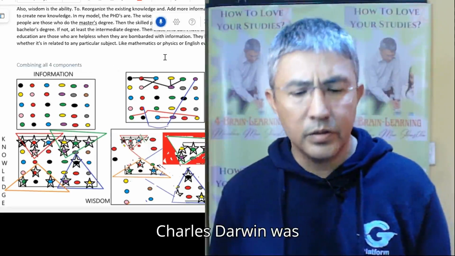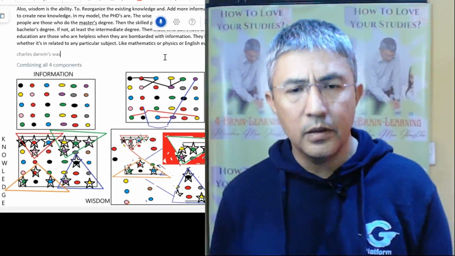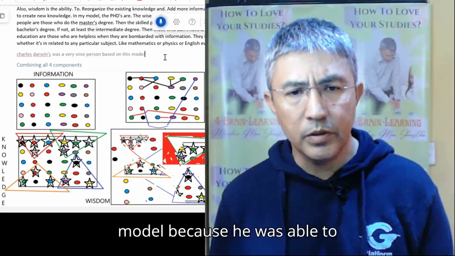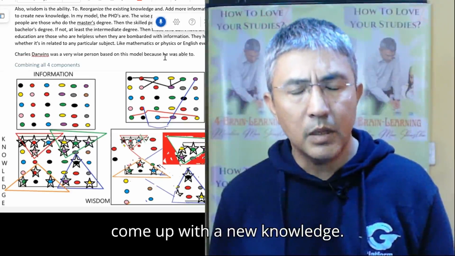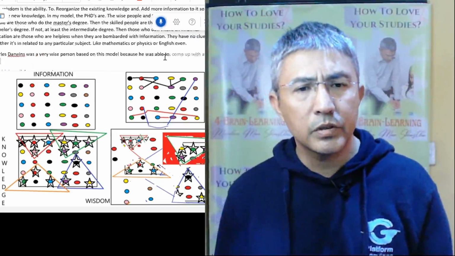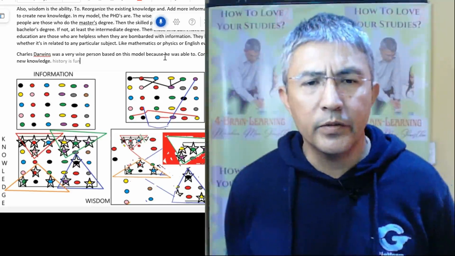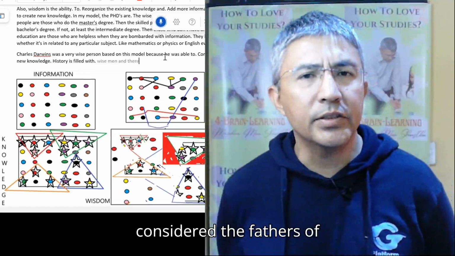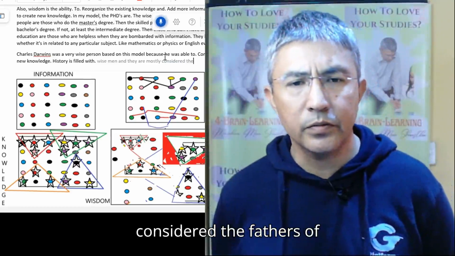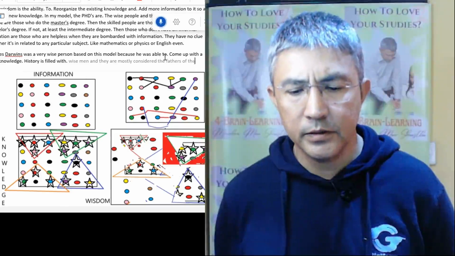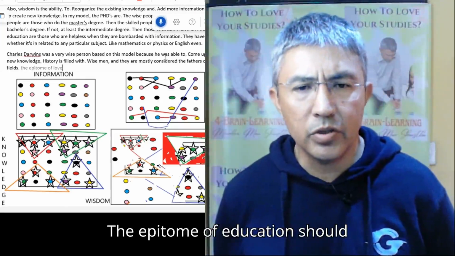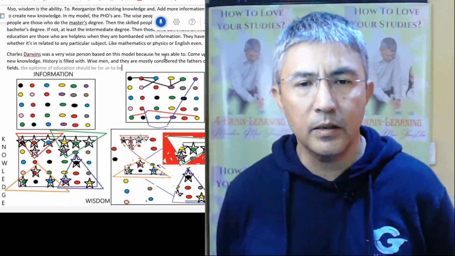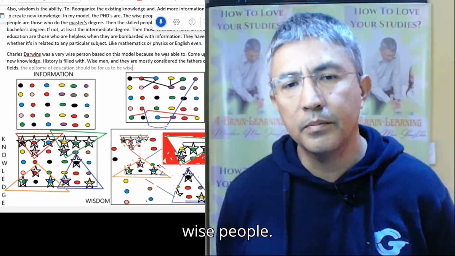Charles Darwin was a very wise person based on this model because he was able to come up with new knowledge. History is filled with wise men, and they are mostly considered the fathers of their fields. The epitome of education should be for us to be wise people.